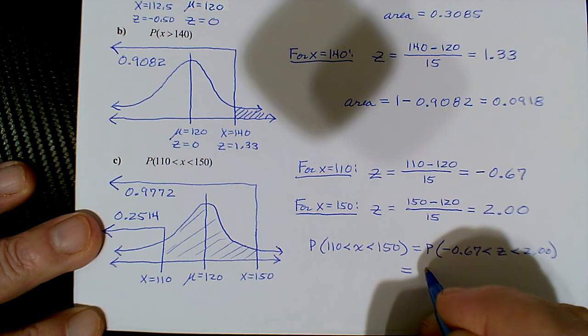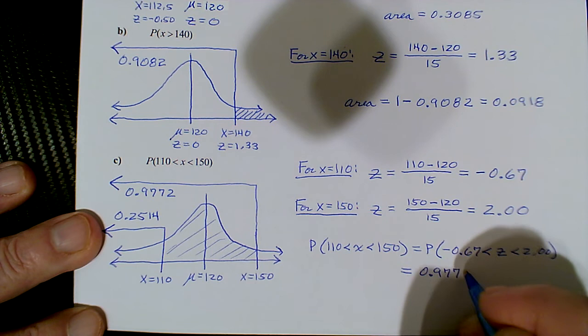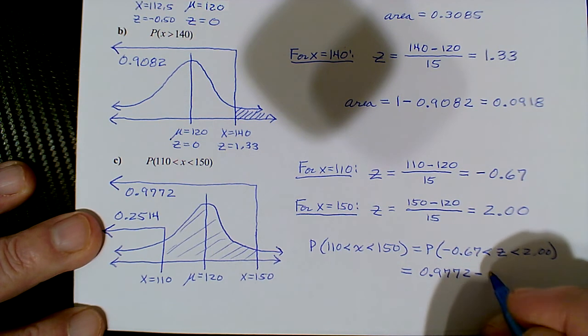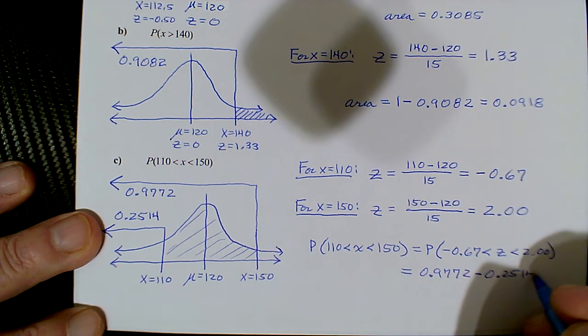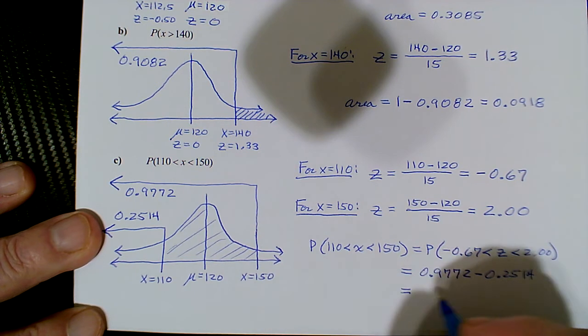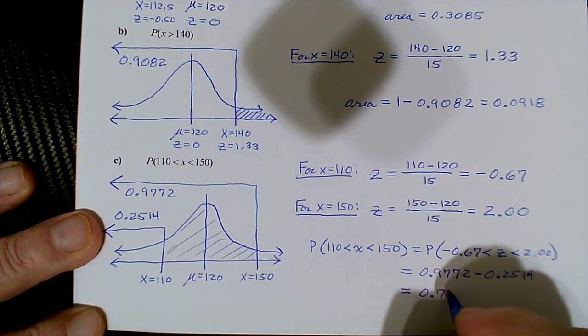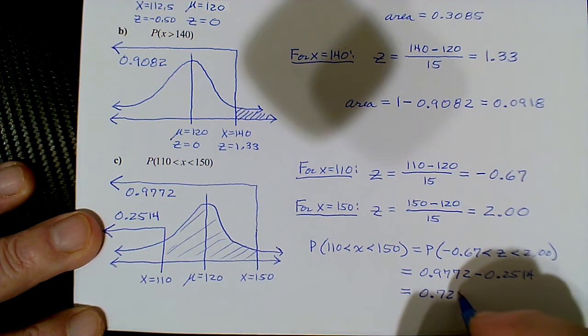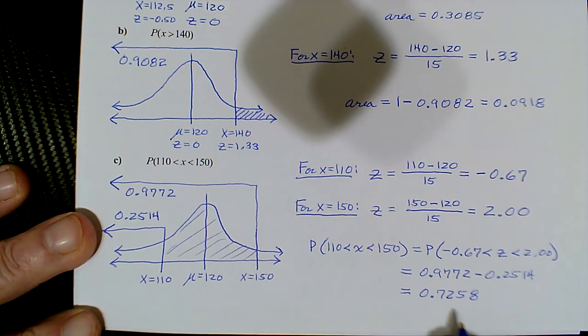So always the larger, in this case 0.9772, minus the smaller, 0.2514. And that gives us 0.7258.